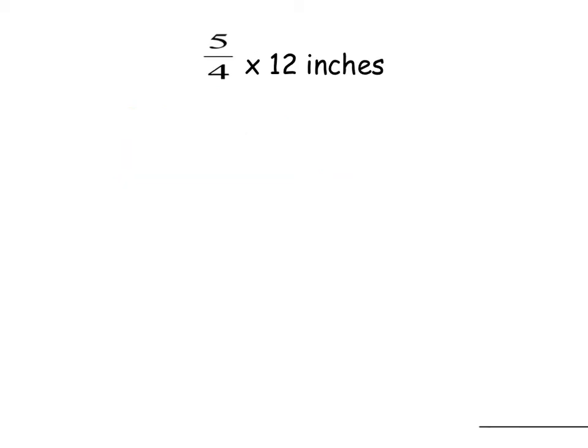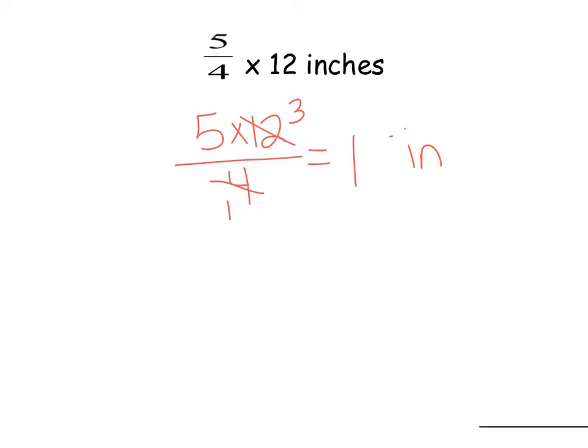Problem number 3, 5/4 times 12 inches. So I'm going to rewrite it, 5/4 times 12. So I know it's going to equal something inches. So let's simplify. 12 divided by 4 is 3. 4 divided by 4 is 1. 5 times 3 is 15. 15 inches.